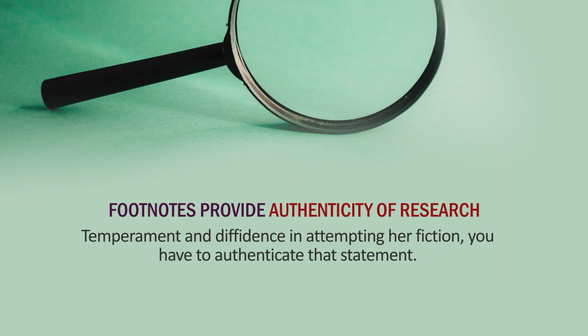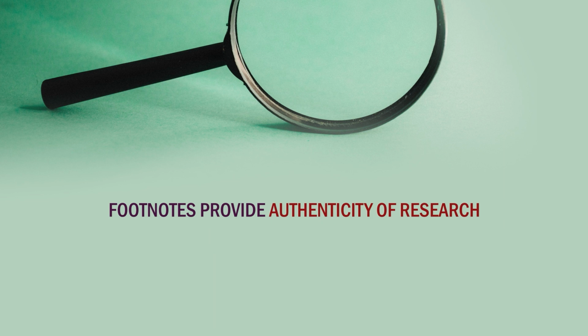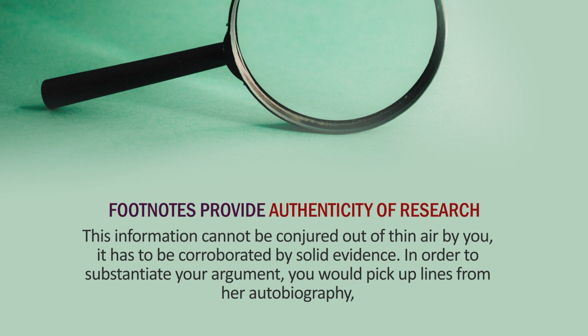But to cite these incidents, you have to authenticate your statement. This information on George Eliot cannot be conjured by you out of thin air. It has to be substantially corroborated by solid evidence.